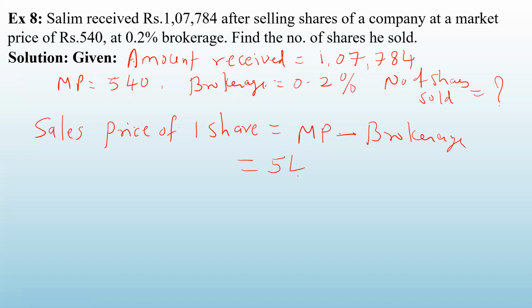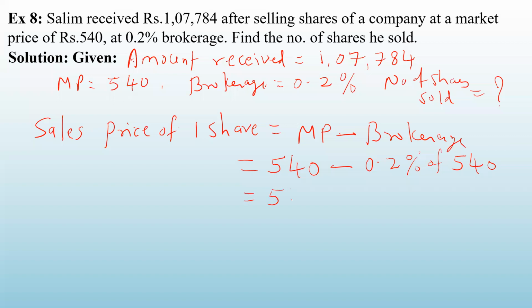So 540 minus brokerage. How much is the brokerage? 0.2%. Percent of what? Of market price. What is market price? It is 540.